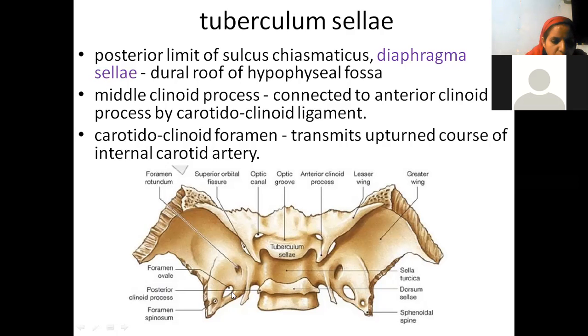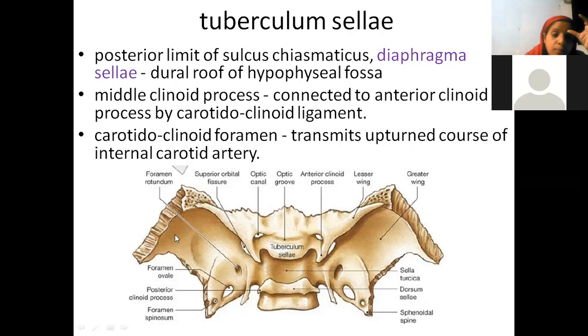So the foramen ovale, you can see foramen spinosum. The posterior clinoid process is so clearly shown. It's a part of the sphenoid bone only. On either side of the dorsum sellae, tuberculum sellae, dorsum sellae, sella turcica, this is the posterior clinoid process. This is the optic groove. Lesser wing, greater wing.